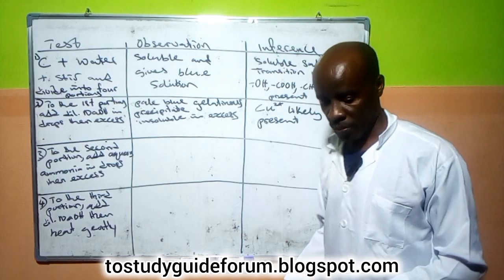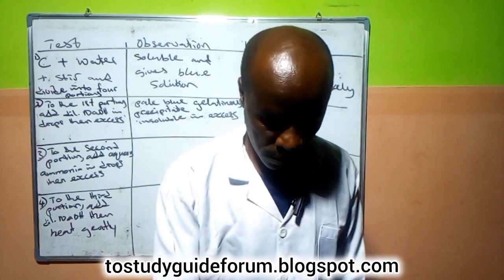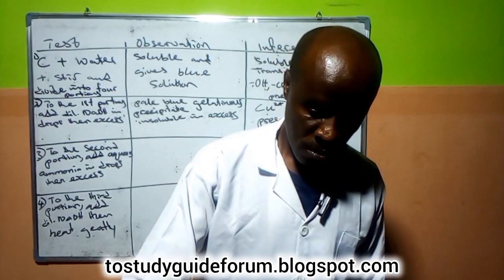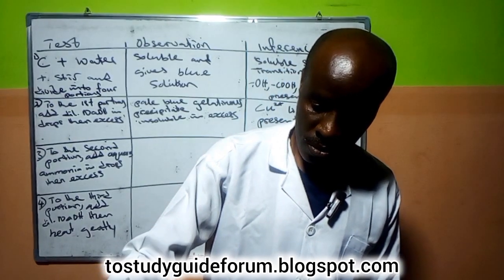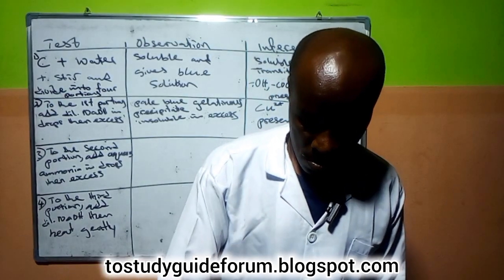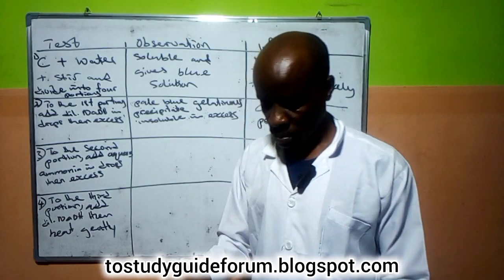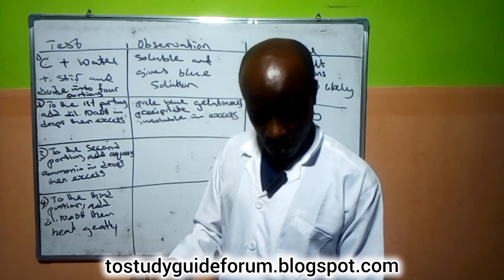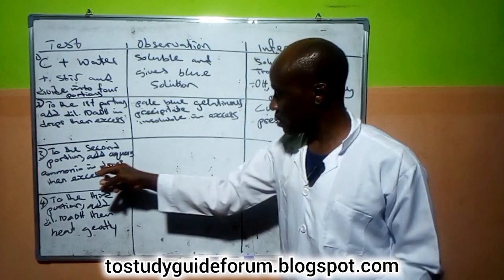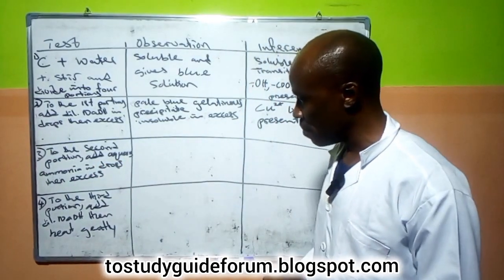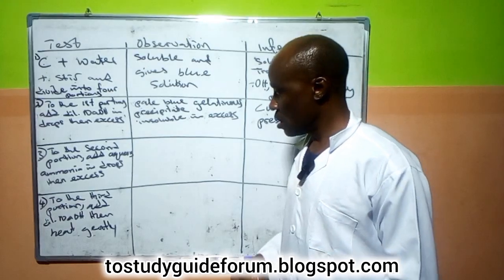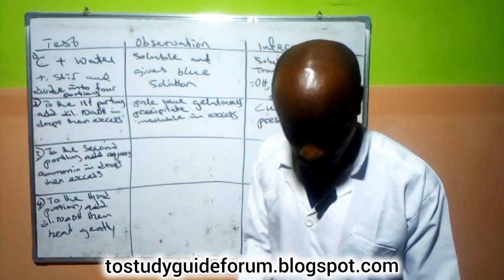Let's go to the second portion. In the second portion you add aqueous ammonia. You add it in drops, then in excess.